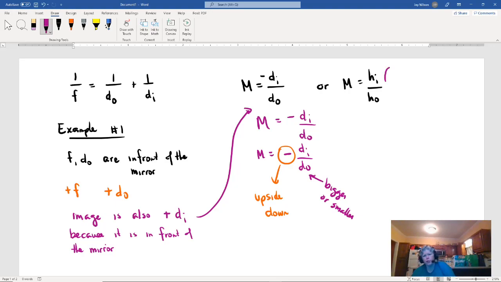Just like if you were to compare height to height, you would get a positive or negative. So the positive and negatives on magnification tell you whether you're upright, facing the same way, or whether you're upside down, facing the opposite direction. The ratio itself tells you the size. So let's work a problem with this.